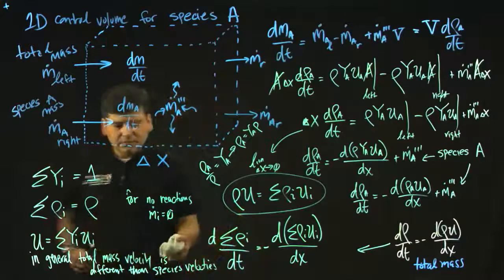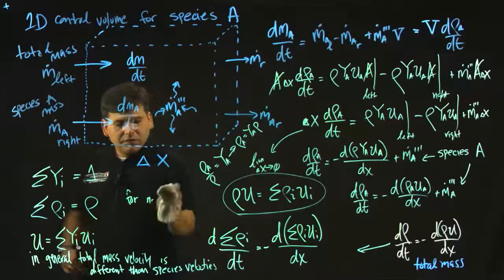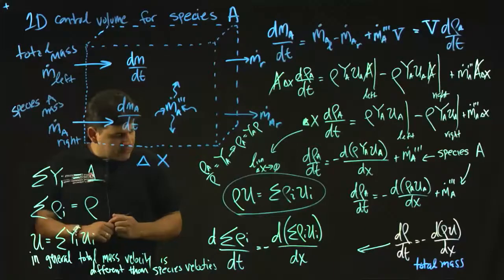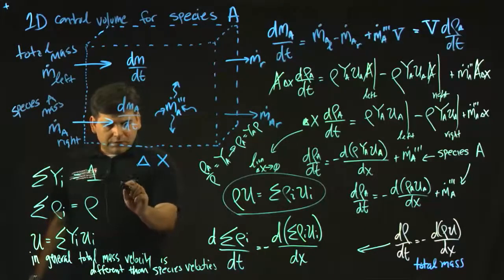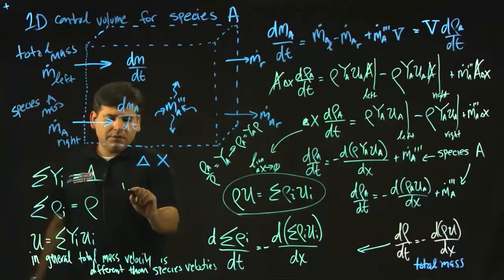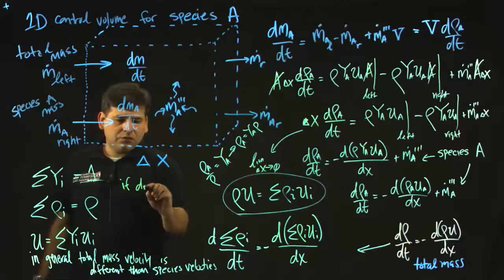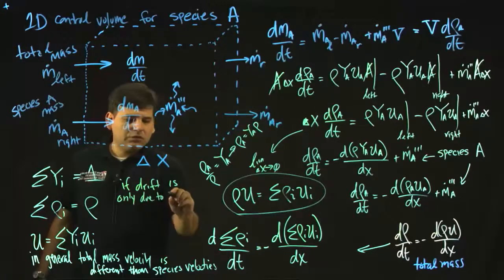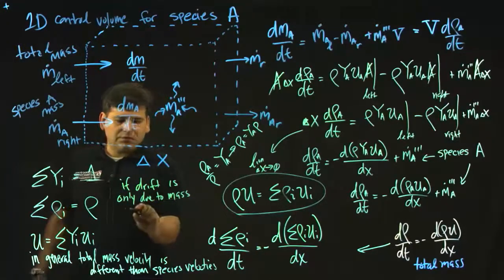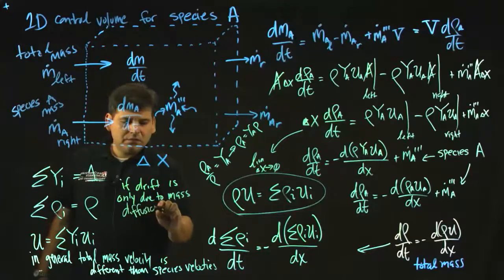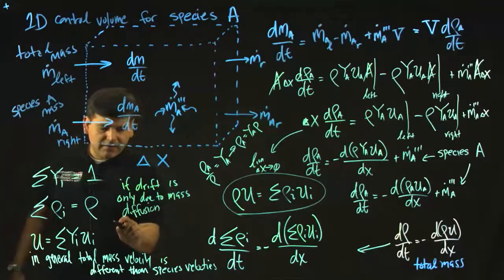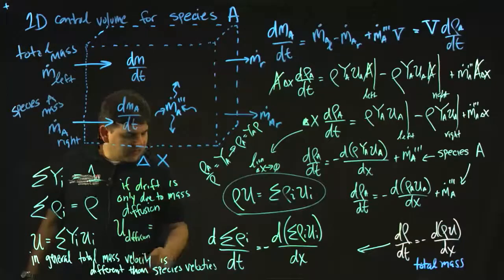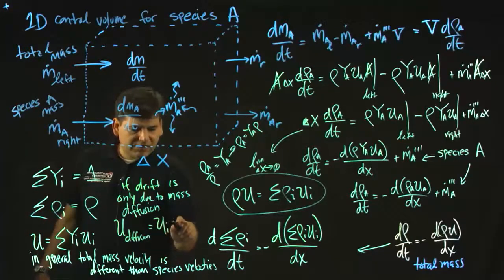And that gives rise to this other way to introduce this diffusion behavior. If drift is only due to mass diffusion, then we can define this diffusion velocity as the difference between the species velocity and the bulk velocity.